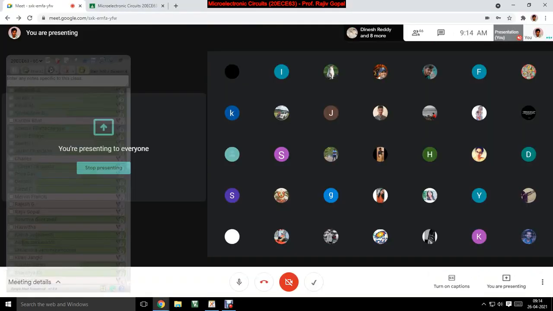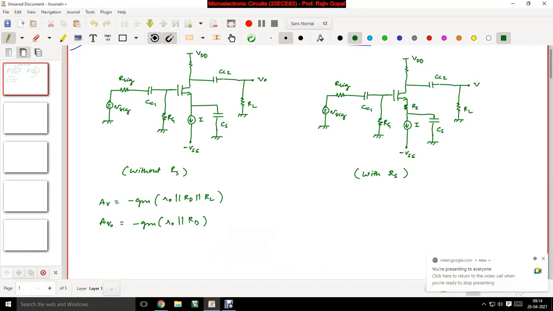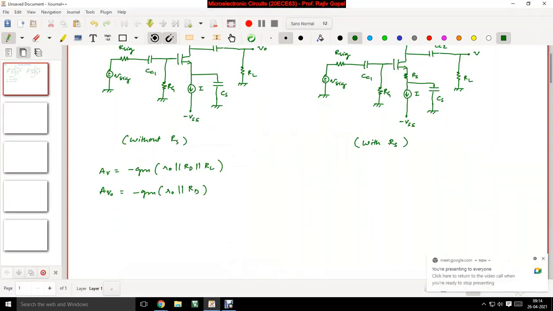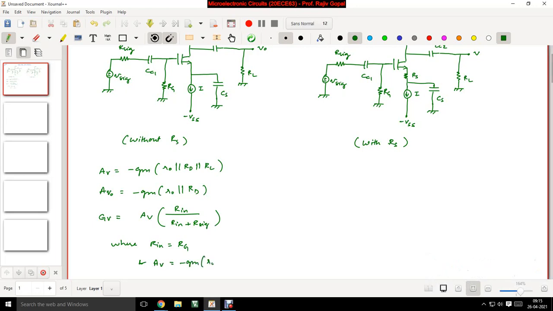Overall gain: the overall gain which you can see here is GV equals AV into Rn by Rn plus Rs, where Rn is equal to Rg and AV is minus GM into R naught parallel RD parallel RL. This is without having source resistance.